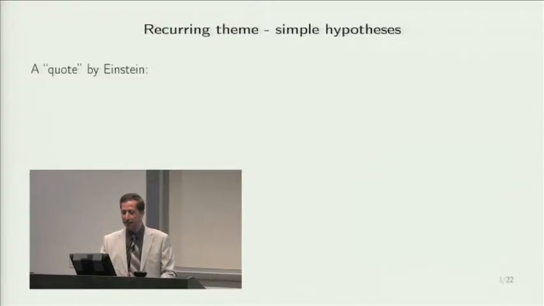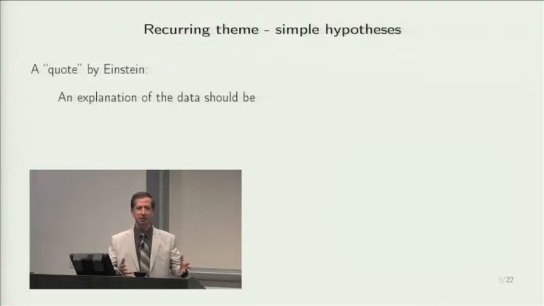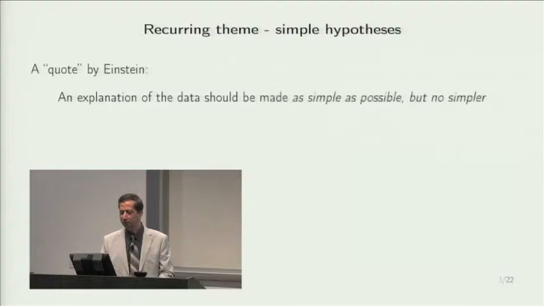And it says that an explanation of the data, so you are running an experiment, you collect the data, and you want to make an explanation of the data. The explanation could be E equals mc squared or something else, okay? So you are trying to find an explanation of the data, and here is a condition about what the explanation should be like. It should be as simple as possible, but no simpler, okay?